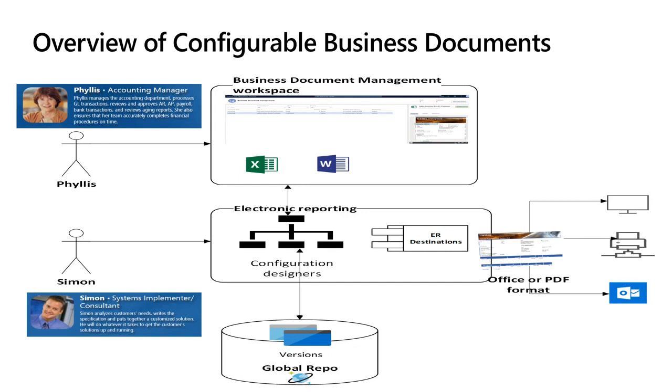For this, we created the business document management workspace in finance and supply chain management. She can go there and customize any available template, like for sales invoice, free text invoice, sales quotation, etc., in Office Online, either Word or Excel, or Office Desktop, also Word or Excel.